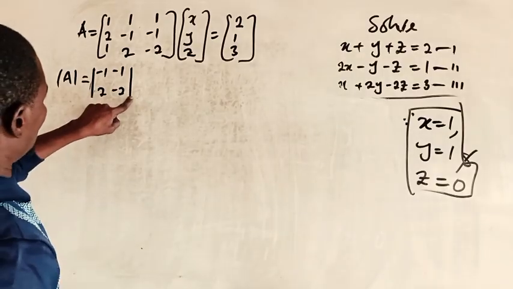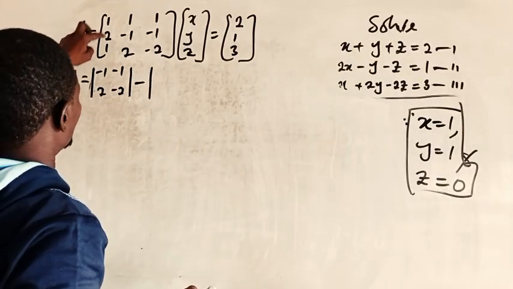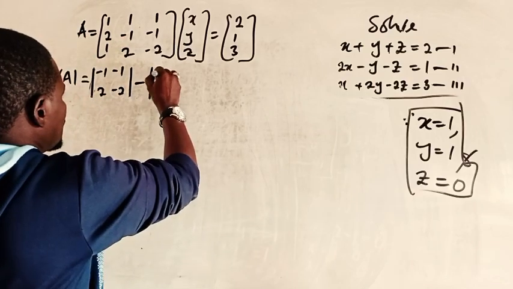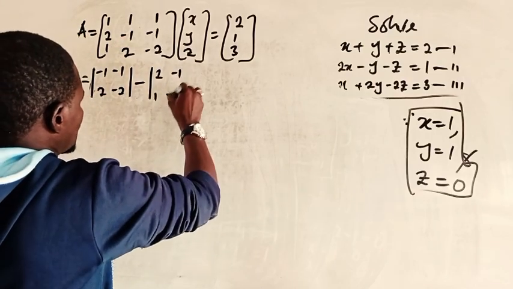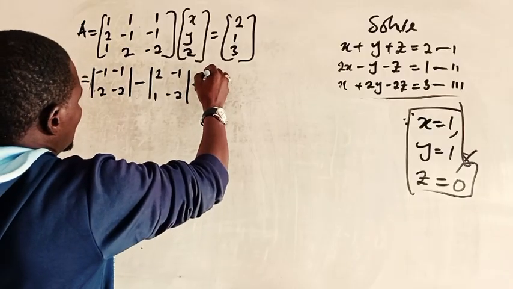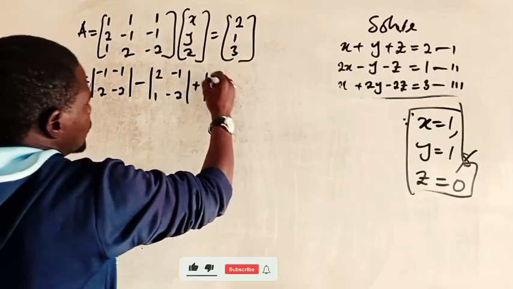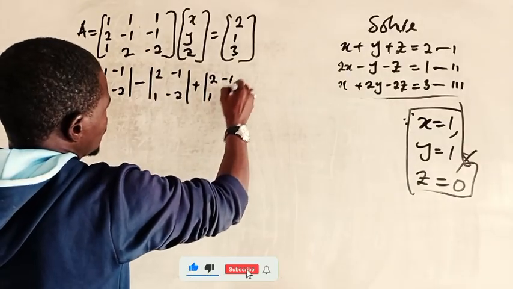The next cofactor is negative, so minus, another bracket: 2, 1, minus 1, minus 2. The next cofactor is positive, so plus another bracket: 2, 1, minus 1, and 2.